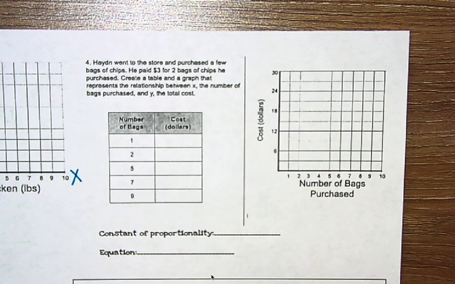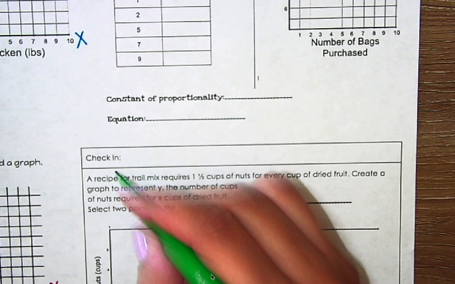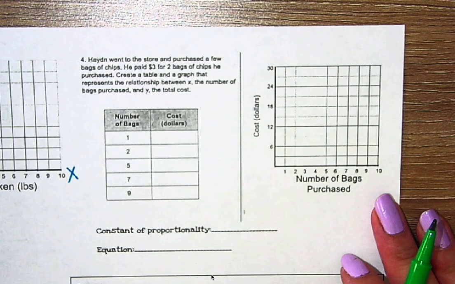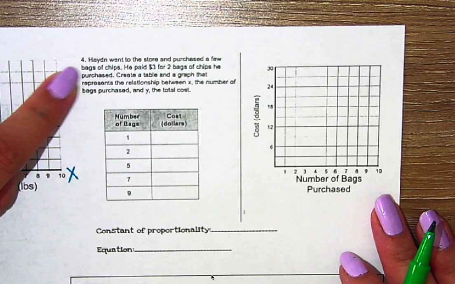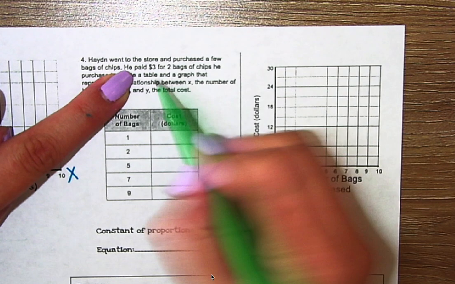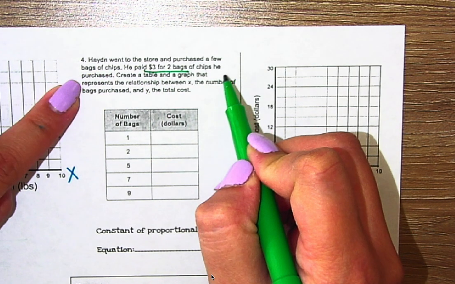Okay, let's move on to number 4. So number 4, let's go ahead and cross off the check-in. Okay. Number 4, it says Hayden went to the store and purchased a few bags of chips. He paid $3 for 2 bags of chips he purchased.